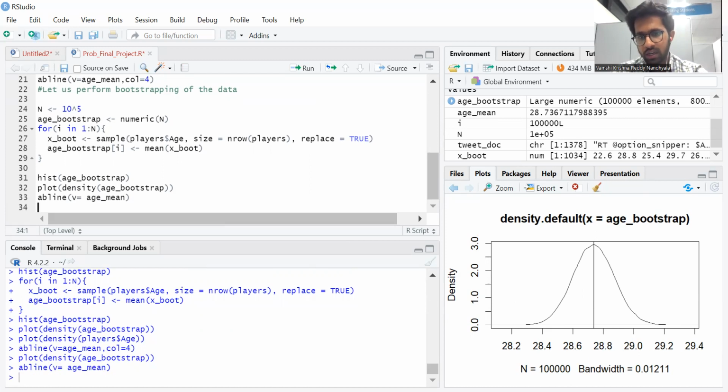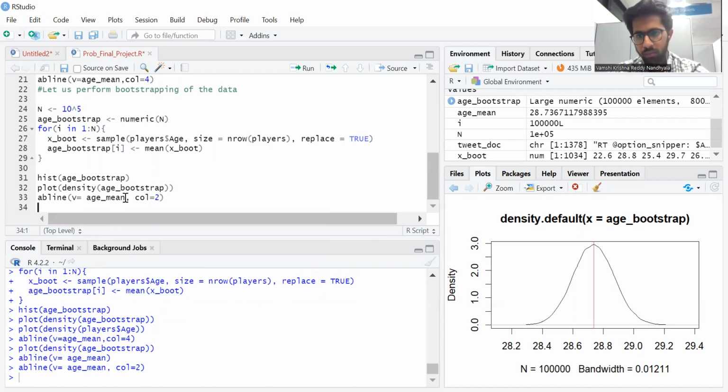So it is exactly at the middle. So the normal distribution is centered around the original mean. It is not shifted to the right side or left side. Let me add some color, color equal to 2, so that it looks good. This is all about bootstrapping of the model.